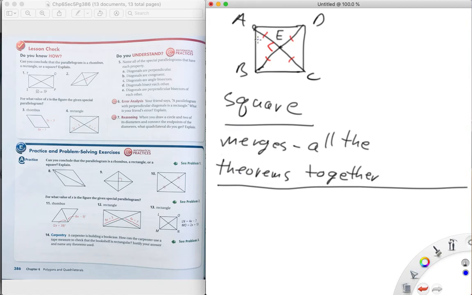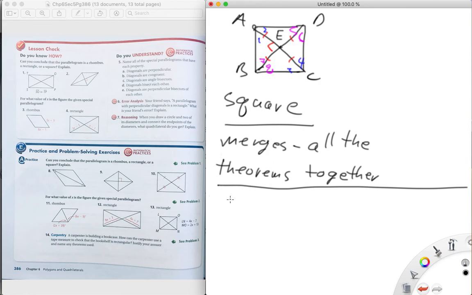Let's say this is angle 1, angle 2, angle 3, angle 4, angle 5, 6, 7, and 8.